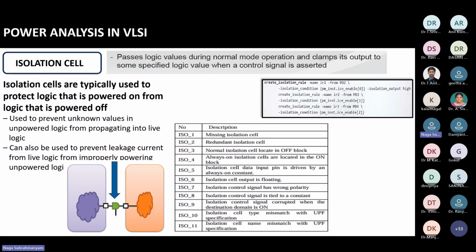Suppose this one, you follow my cursor. Suppose wherever my cursor is, this particular part of the logic is not at all required when this is working. So there is a situation like this: suppose this entire SOC is processing one particular application.